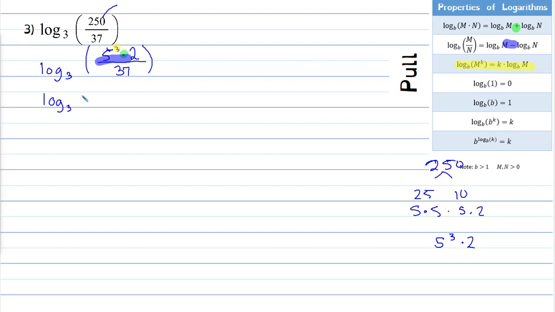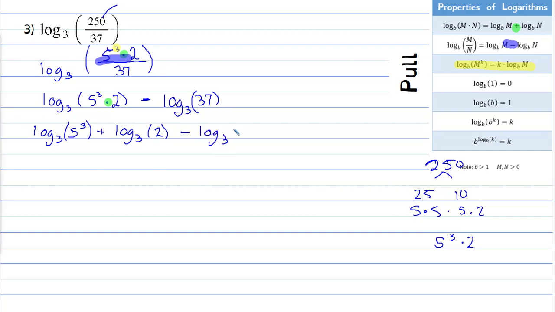Log base 3 of 5 cubed times 2 minus log base 3 of 37. So now I'm going to separate that multiplication with addition. So log base 3 of 5 cubed plus log base 3 of 2 minus log base 3 of 37.